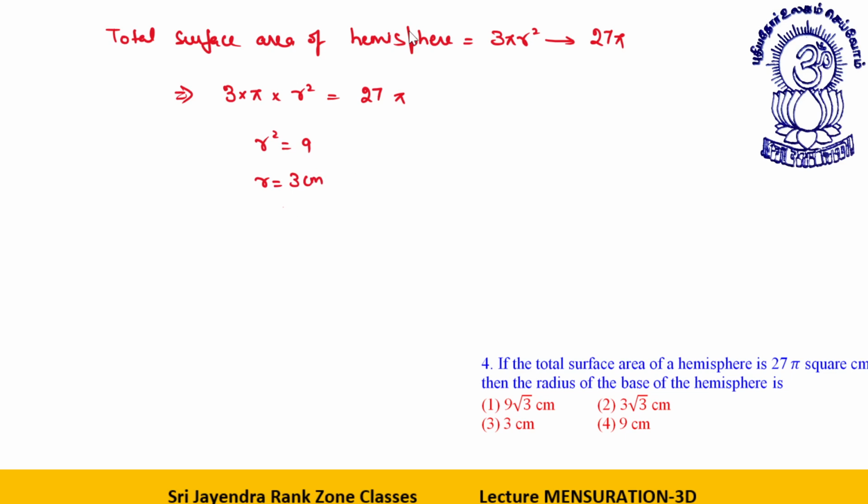Radius of the base of the hemisphere is therefore 3 centimeter. This is all that was required. Therefore, option 3 is the answer.